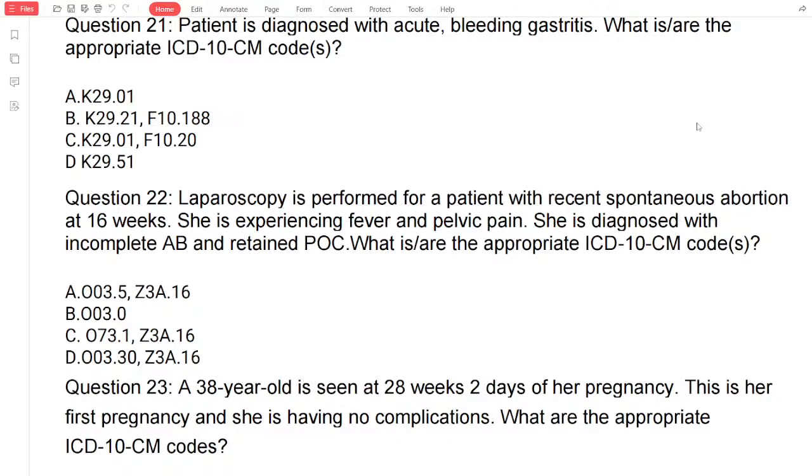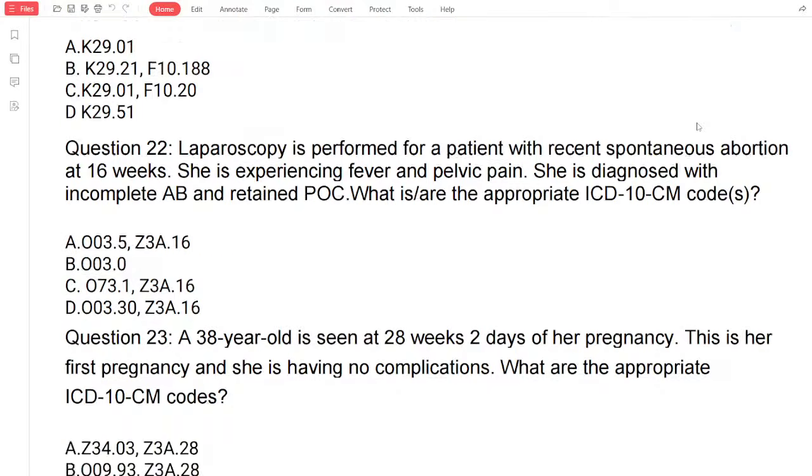That is why option B is the correct answer. Okay, got it. Just note it in your textbook. So option B, the second one, is the correct answer.